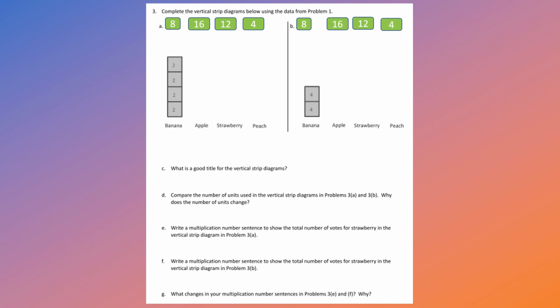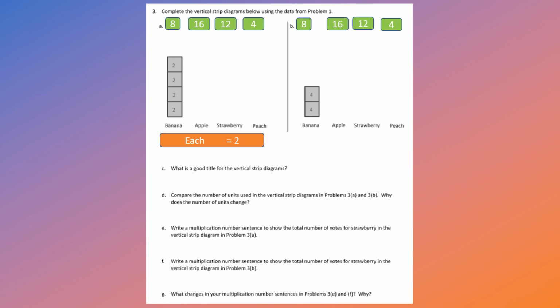Now for number 3A, I'm going to represent each fruit by using units of 2. Banana has already been done for us, so we're going to start with apple. Now remember, we're representing this in units of 2. So I want to make a little key for myself, and it's actually good practice for you to make a key as well, just so that you start training yourself to look for keys when you see data tables.